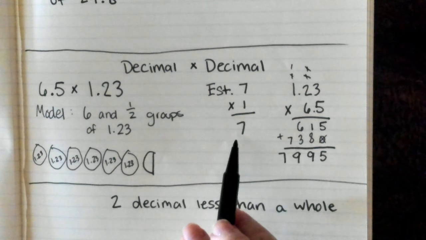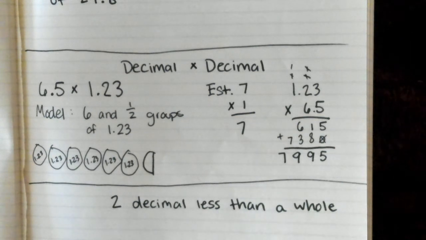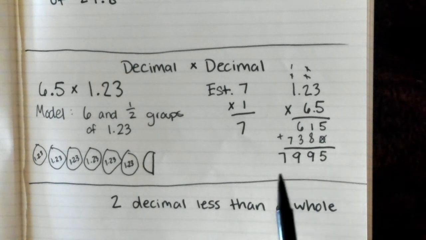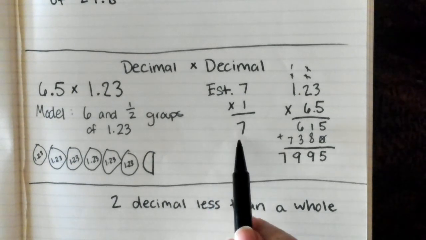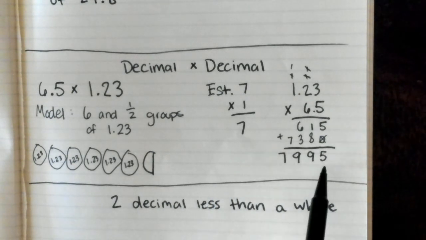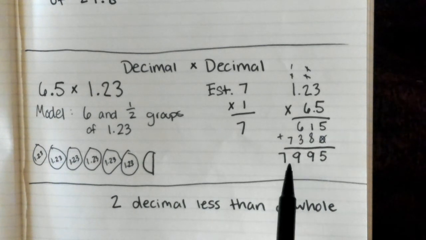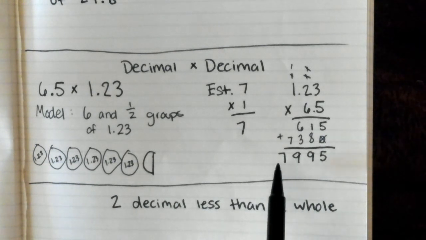Our estimate was only 7, guys. That's way too much. That is way too much. So, where should the decimal go in this number to get it close to 7 wholes? Should it go here, here, here, here, or here?